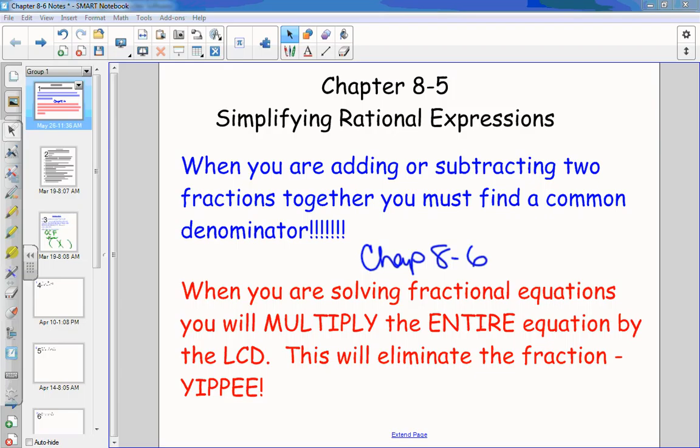However, the section I'm going to teach you today is Section 8.6. Many of you are going to get the two extremely confused, so I want to make very clear the difference between the two sections. Section 8.5 is simplifying an expression. An expression does not have an equal sign.